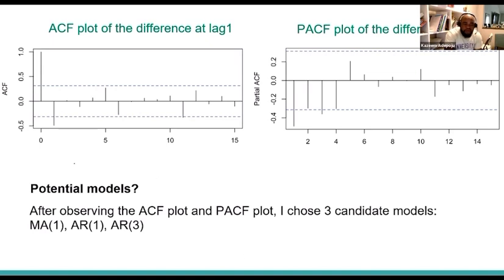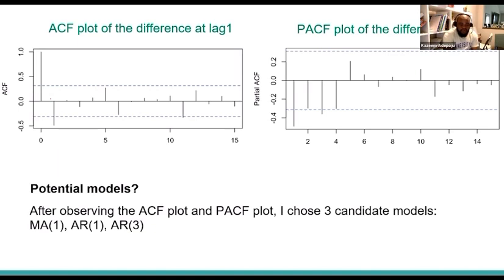Okay, now if you take a look at this here, when the ACF plot cuts off at a particular lag, if you want to go by what we did yesterday, that's going to be a main model, right?